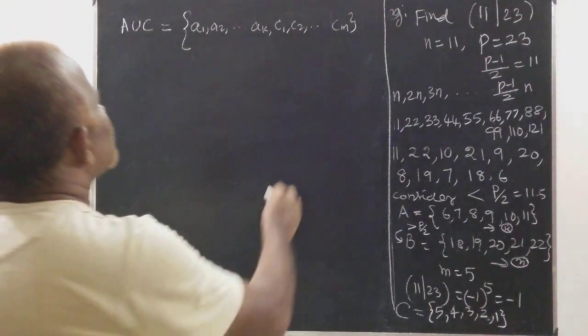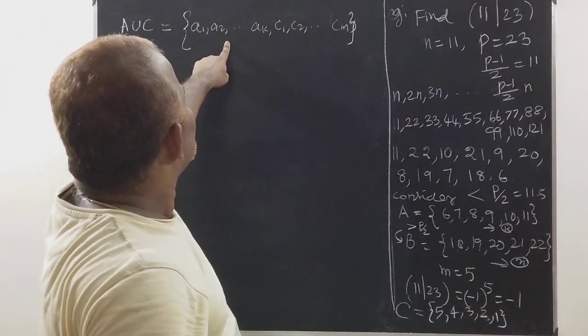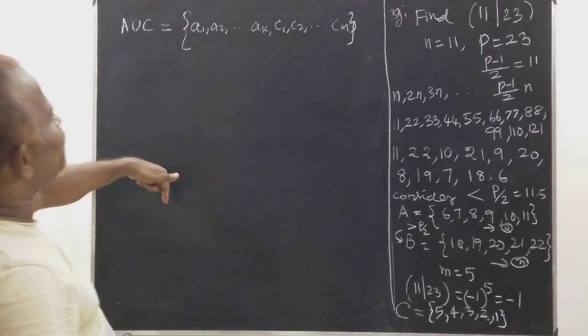Okay. Here each Ai is less than P by 2, and each Ci is less than P by 2.